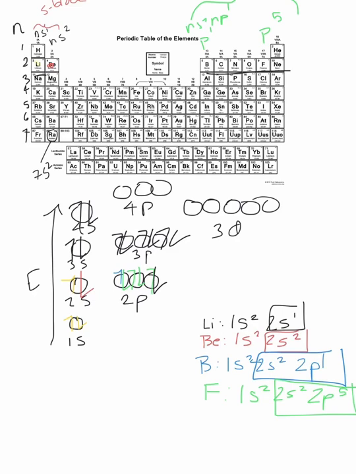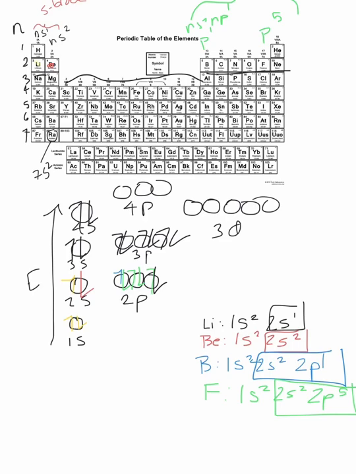This row of elements from 21 to 30, scandium to zinc, corresponds to the 3d orbital being filled, and it is adjacent to 4s, so we fill it next.